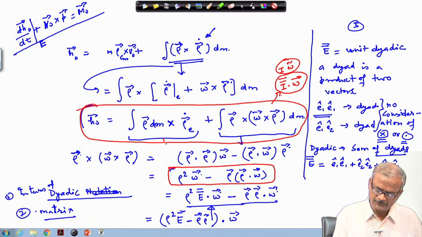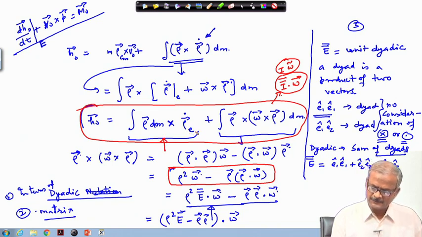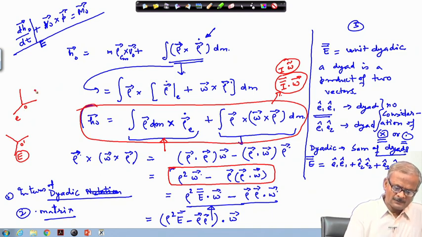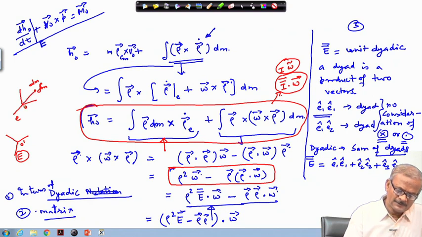Now, if you look into this part, here this is rho dot E, so this is with respect to the E frame. If you have a non rigid body, and this is your capital E frame, which is the inertial frame, this is O prime and this is O. The mass we were considering is delta m or dm, whichever notation we follow.